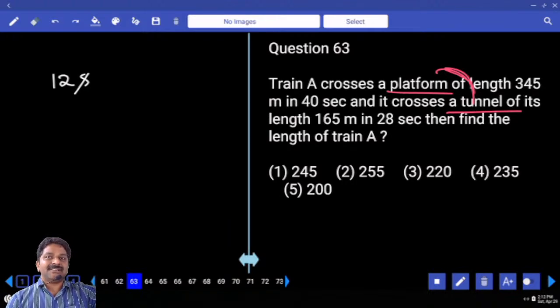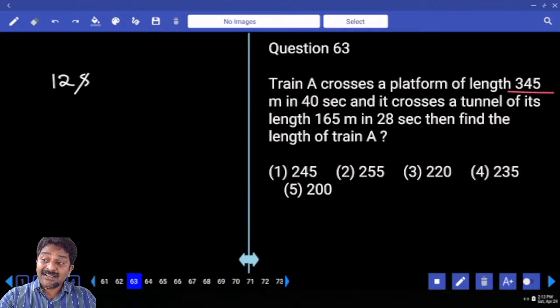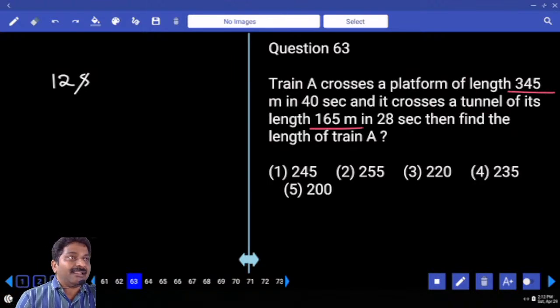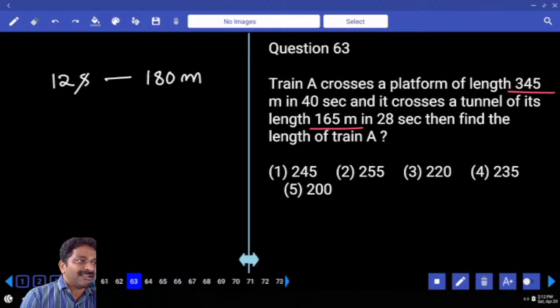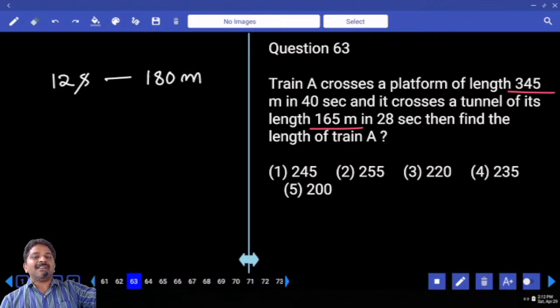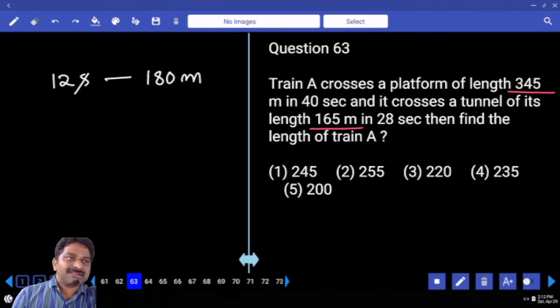Because there is a difference in length, that's how the difference has come in time. So what is the difference in length here? 345 and then 165. How much difference do we have in length? 180. That means because of this 180 meters difference in length, time differs by 12 seconds. Can I say in 12 seconds the train can cover 180 meters?